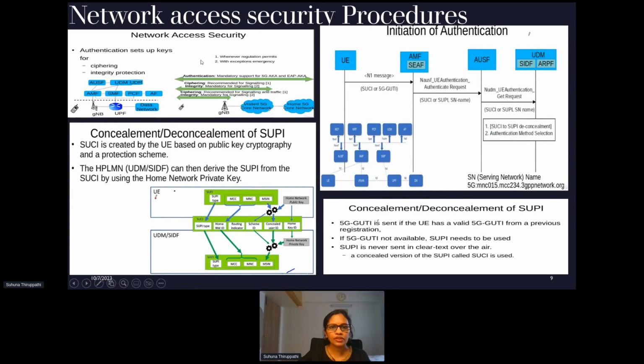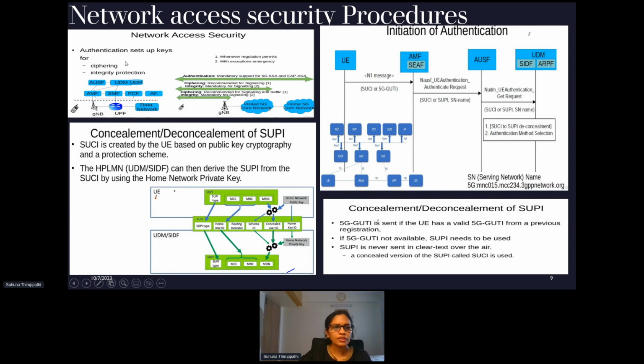Now let's come to the network access security procedure. We have seen what are the equipments that are used for network access security. Now we will look at a couple of procedures that are being performed as part of the network access security procedure.